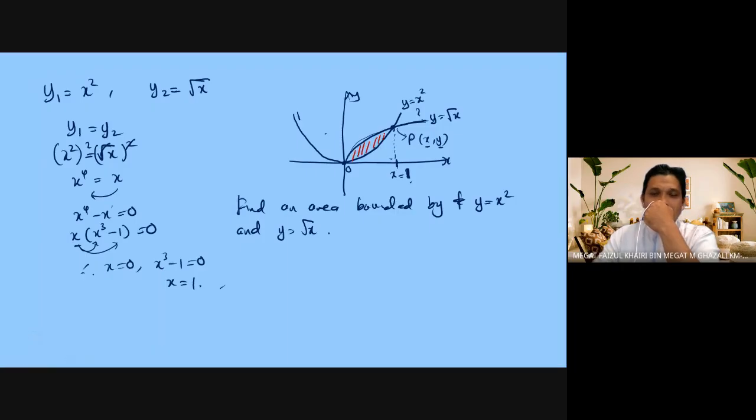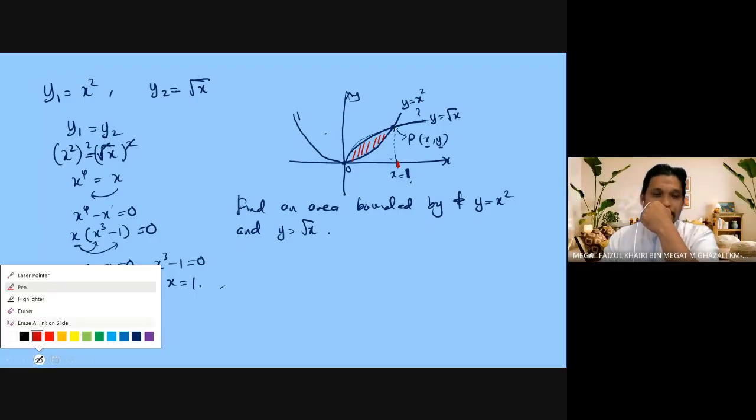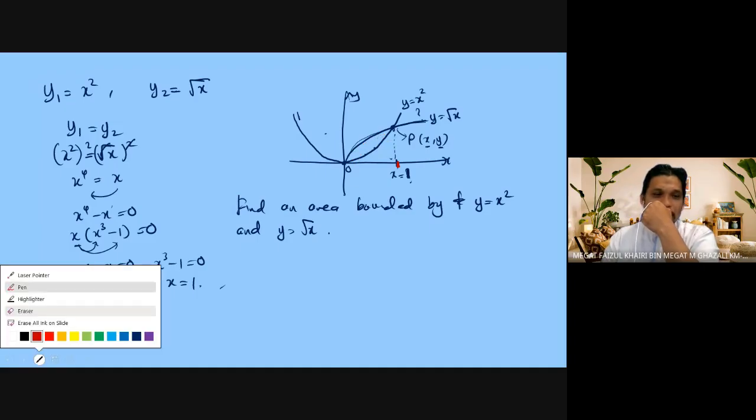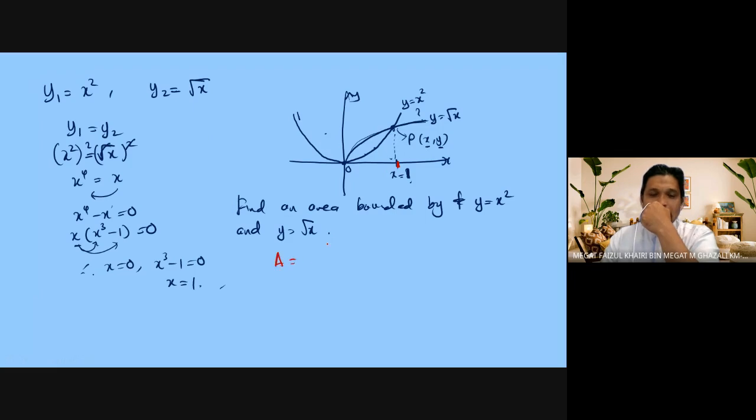But before that, the reason that we need to find x, the intersection point of this, especially x, is because we are going to find the area using the integral of f(x) dx minus the integral of g(x) dx.